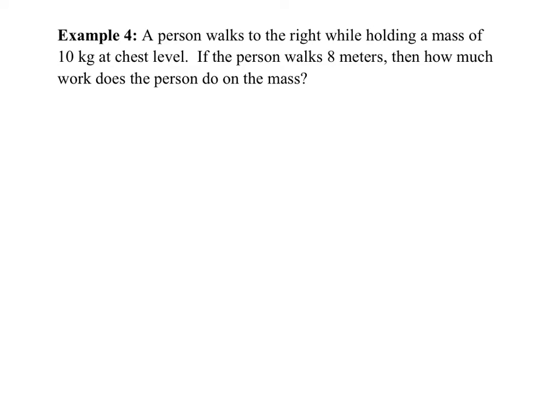What's the cosine of 90? Zero. So how much work are you doing? You're doing no work. You're doing 0 joules worth of work on this object. Again, that comes from the fact that the applied force and the direction of motion are perpendicular.